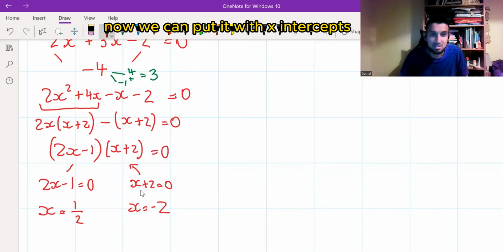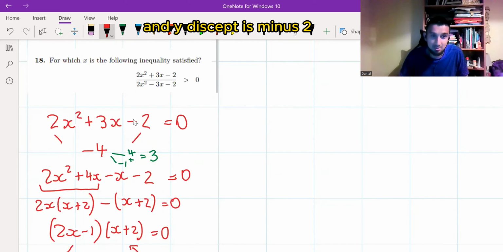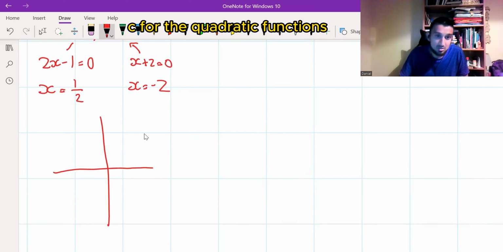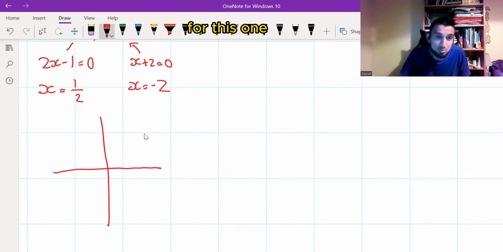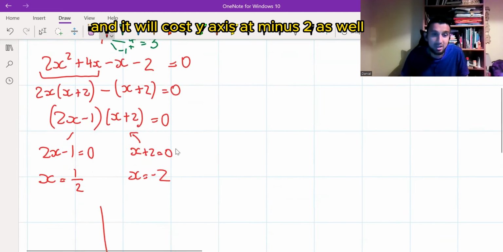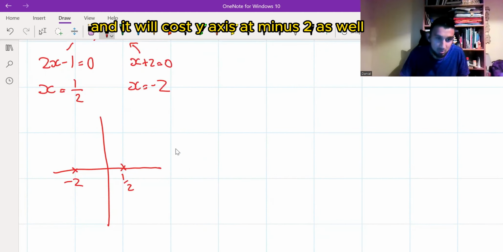We've got the x-intercepts, and the y-intercept is the minus 2, which is c for the quadratic functions. So for this one, it will be at a half and minus 2, and it will cross the y-axis at minus 2 as well.